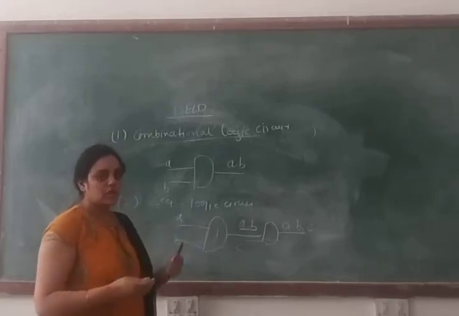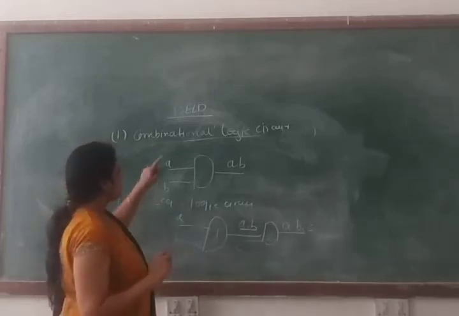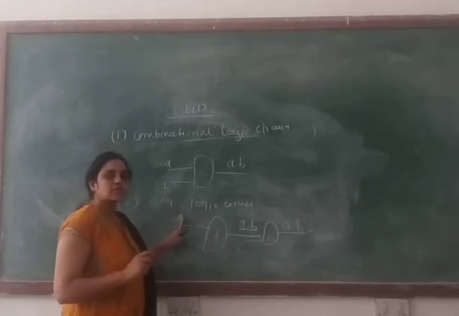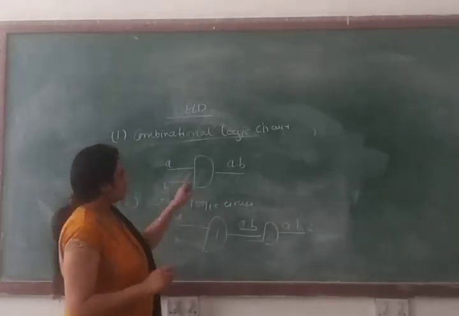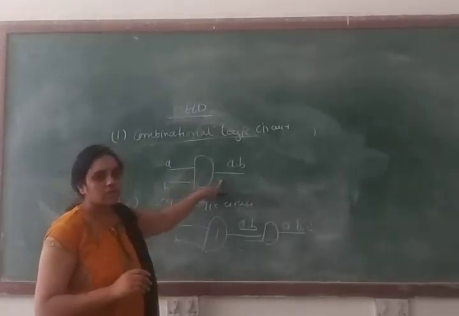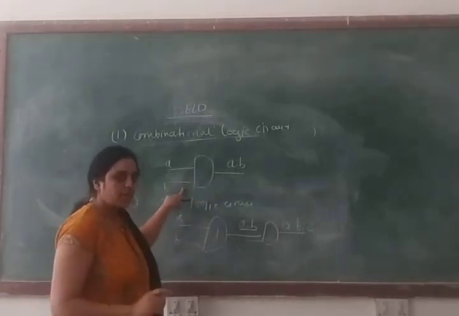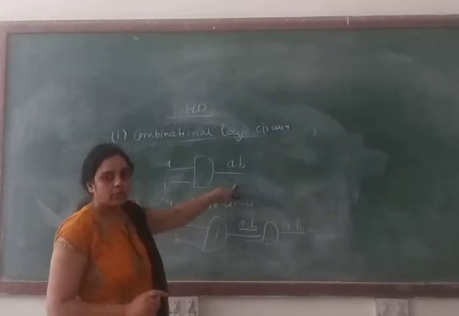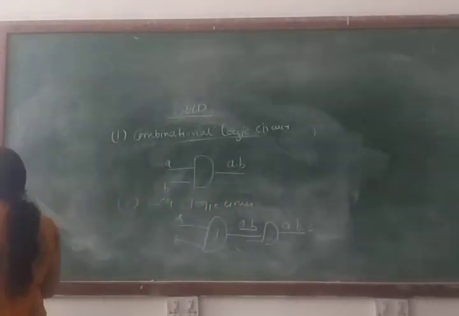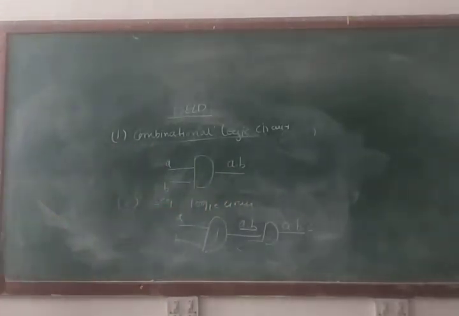Or we can use this output in another circuit. So this is the basic difference between combinational logic circuit and sequential logic circuit. And I hope you understand the definition of combinational logic circuit also, which means whatever input you are providing at any instant of time, according to that you will get the output. So this is the definition of combinational logic circuit and sequential logic circuit.